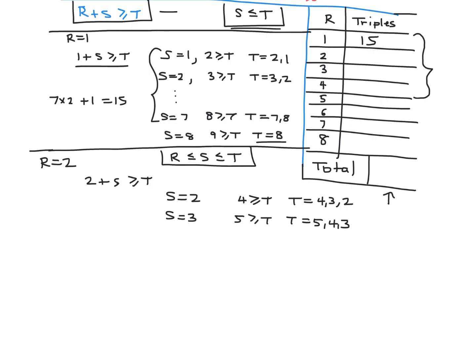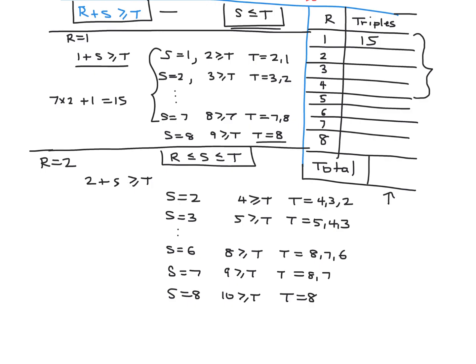And you just keep going like this. When s equals 6, this will be 8, and t would therefore be 8, 7, or 6. When s is 7, this would be 9, so t would be 8 or 7. And finally, when s is 8, this would be 10, and therefore t would be just 8.